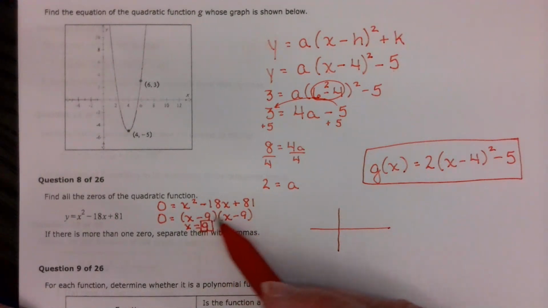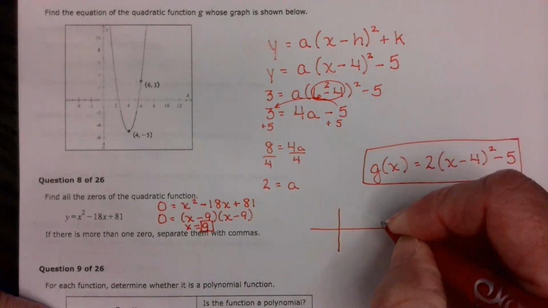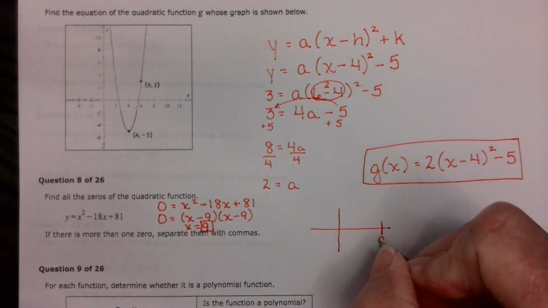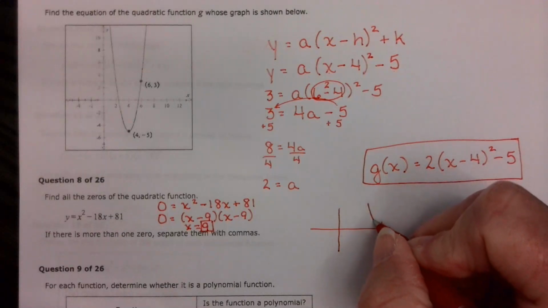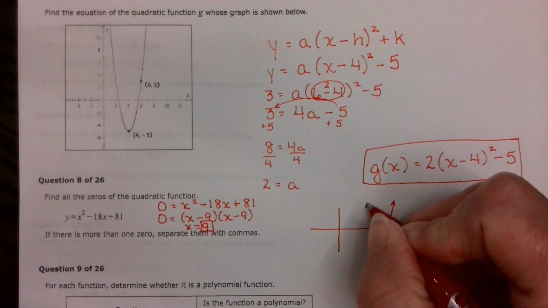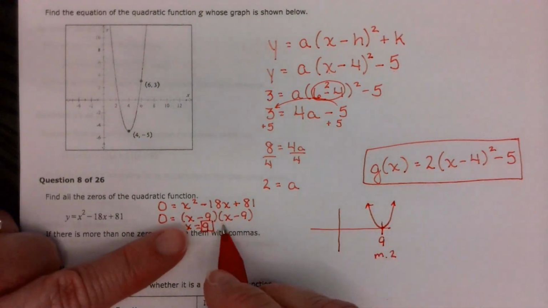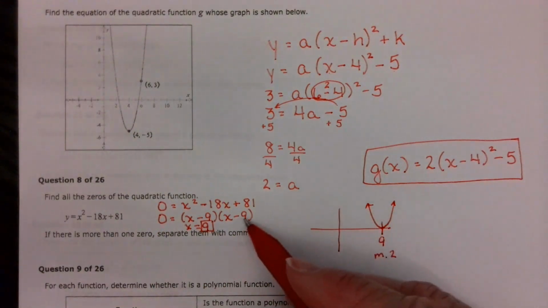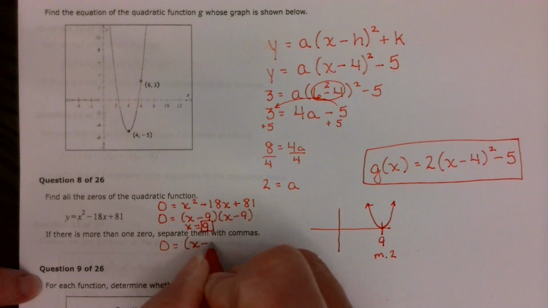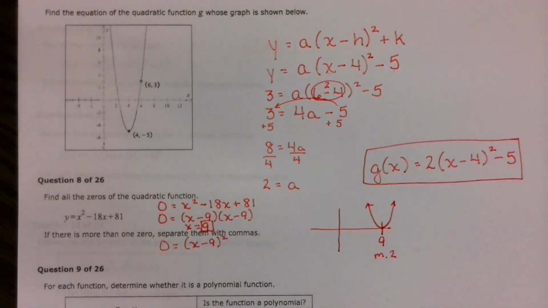These do have 2 answers, it just happened twice, it's the same thing. So it's going to come down here at 9, touch this, and bounce back because it has a multiplicity of 2, because there were 2 of them. Because I could have written this as 0 equals (x minus 9) squared, but it doesn't really matter. I get the same thing.